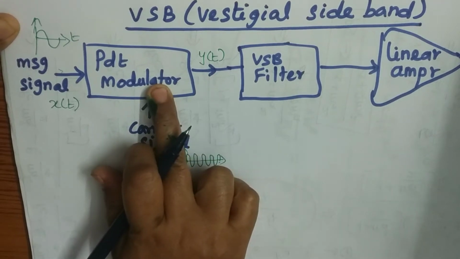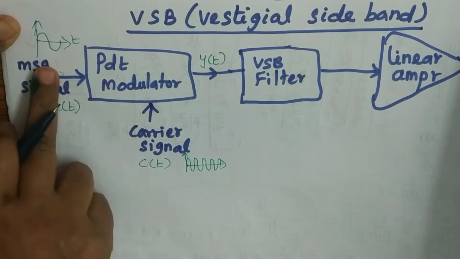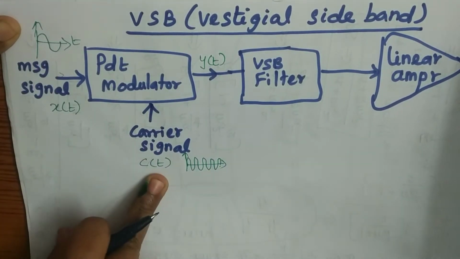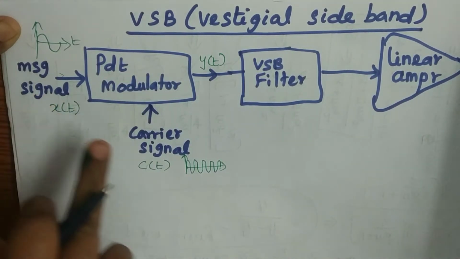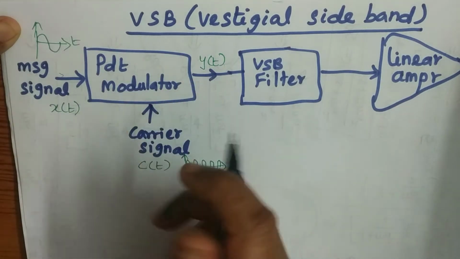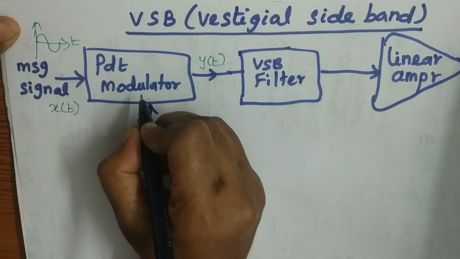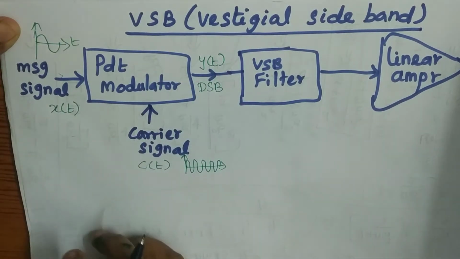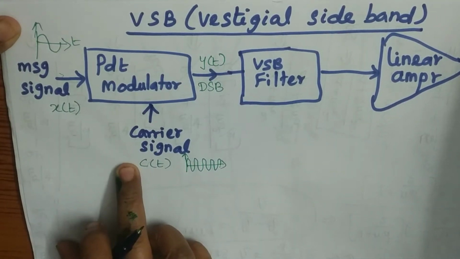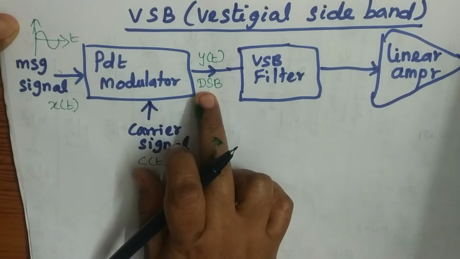The product modulator will multiply the message signal and the carrier signal. So the output of the product modulator is nothing but the double sideband signal.